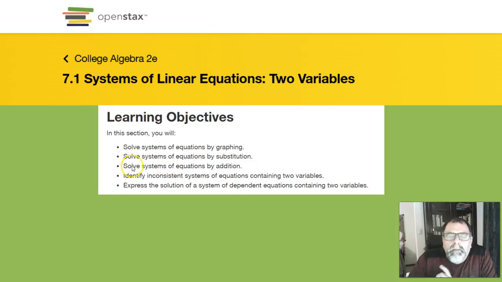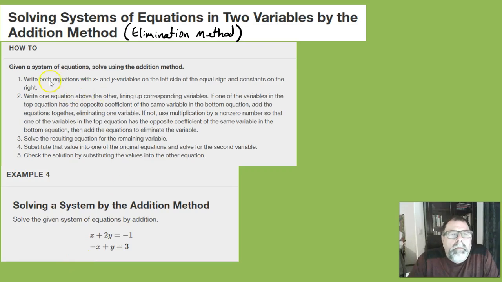All right, and then the next learning objective is solve systems of equations by addition. Some books call this method addition/elimination. Some books call this method just elimination. They're all the same method. So the technique for the elimination method, or the addition method, or whatever you're used to calling it: your first step is you want to write both equations with the variables on the left side and the constants on the right.